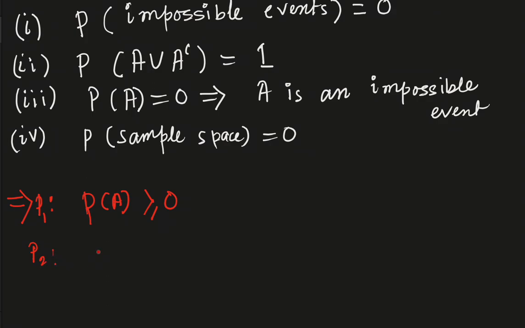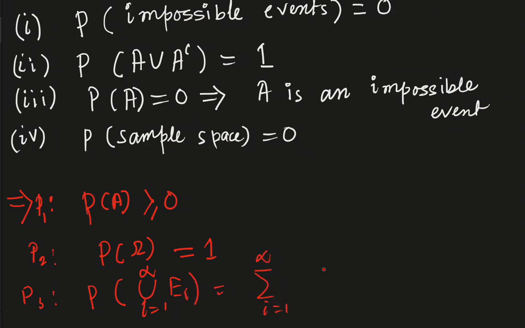Second, the probability of the whole sample space is 1. And third, the probability of infinitely many disjoint subsets, or in physical terms the probability of all independent events happening, is the summation over i from 1 to infinity of the probability of each event.